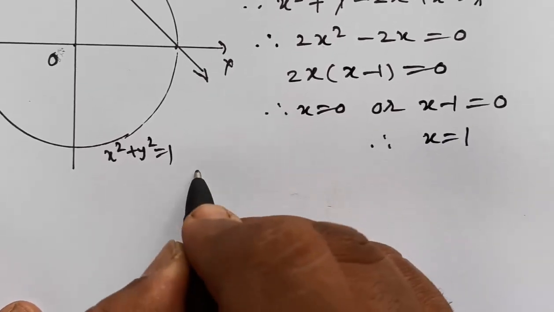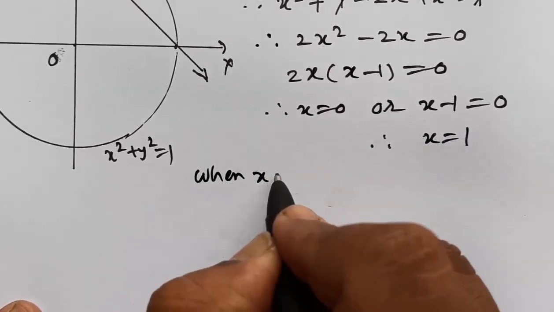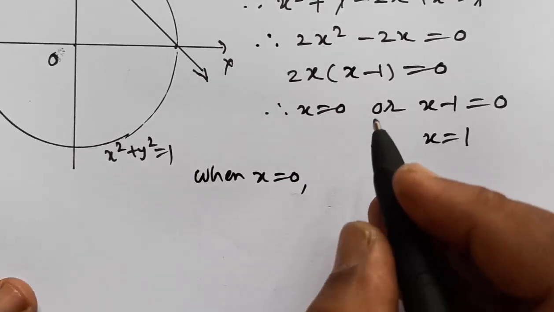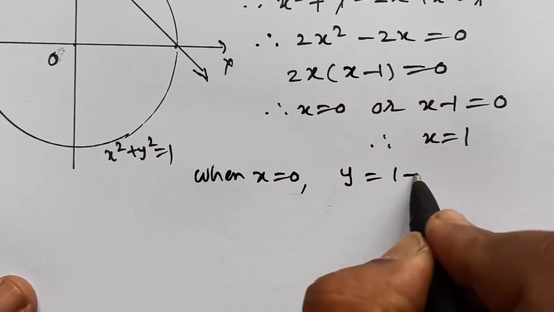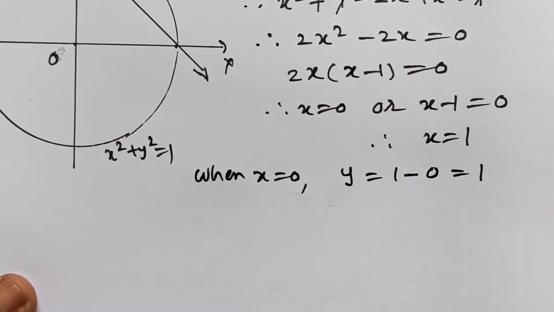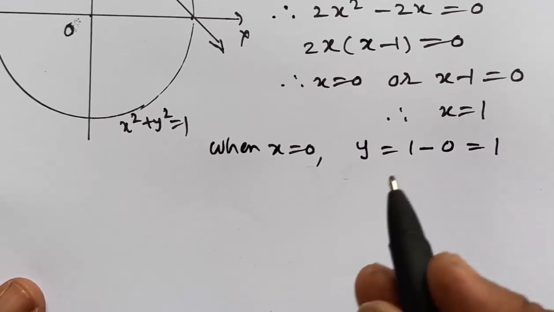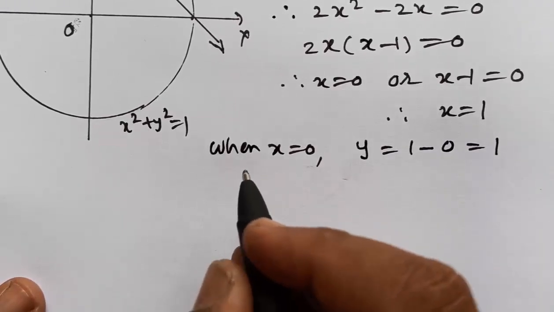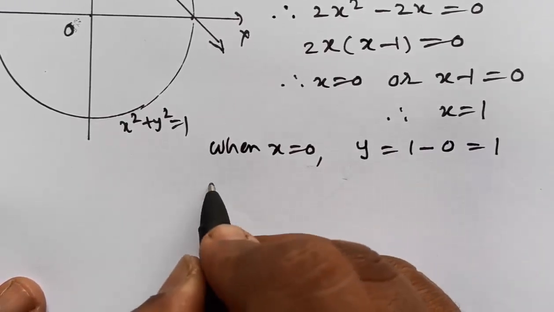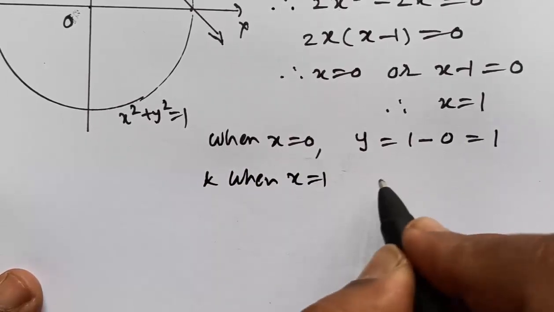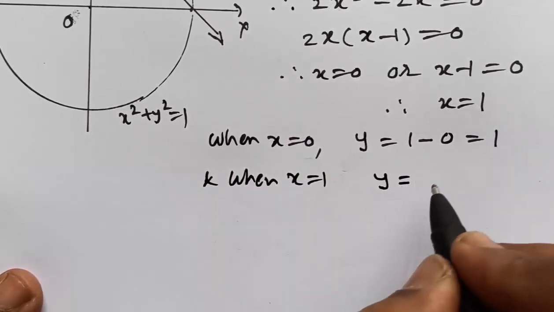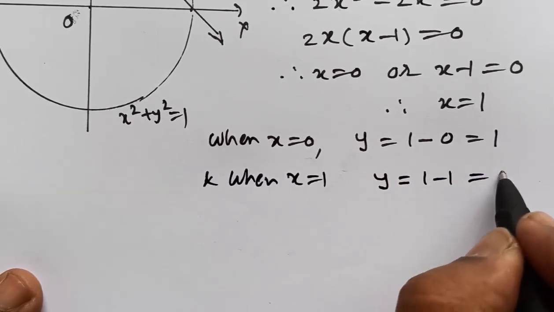When x is equal to 0, from the equation of the line y is equal to 1 minus 0 is equal to 1. And when x is equal to 1, y is equal to 1 minus 1 is equal to 0.